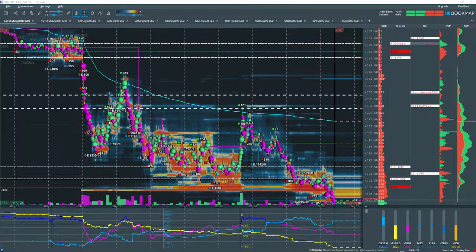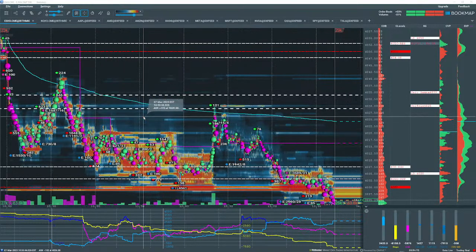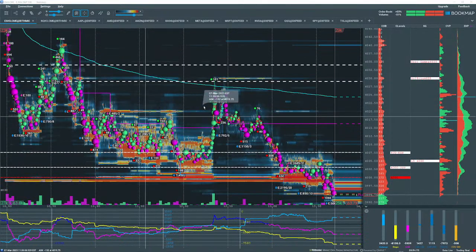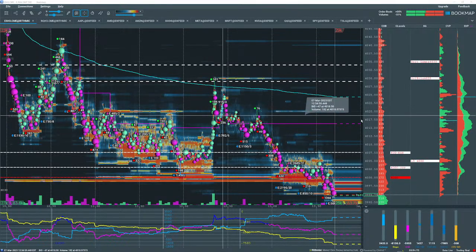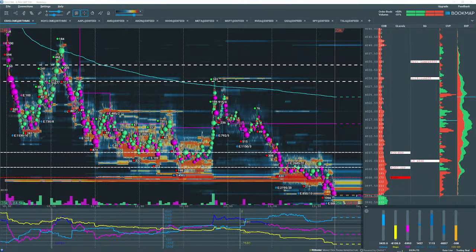Let's look at the S&P 500 in general, and take a look now at some other reactions at levels.